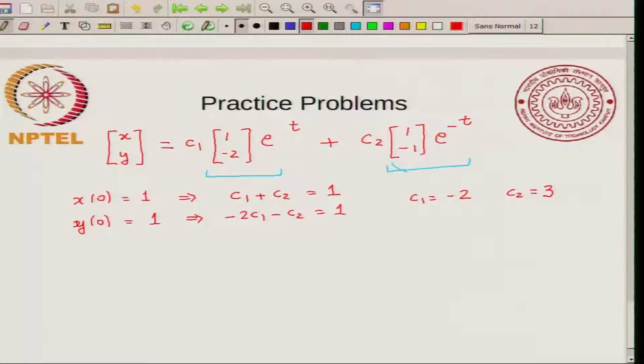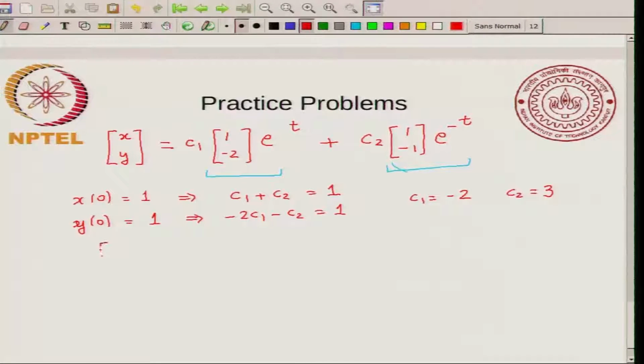So if C2 is 3, then this is plus 3, and minus C2 is minus 3, and minus 2 C1 is plus 4. So 4 minus 3 equal to 1. So this is the solution.